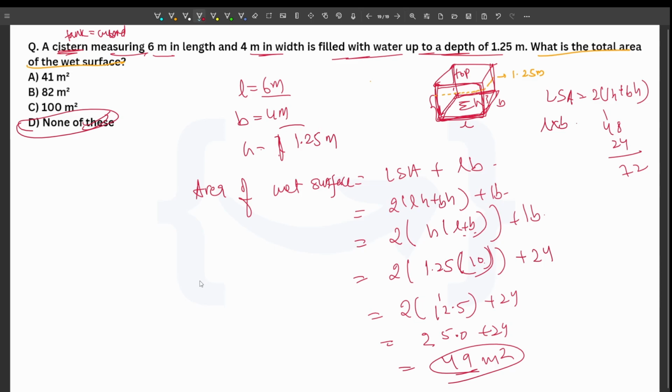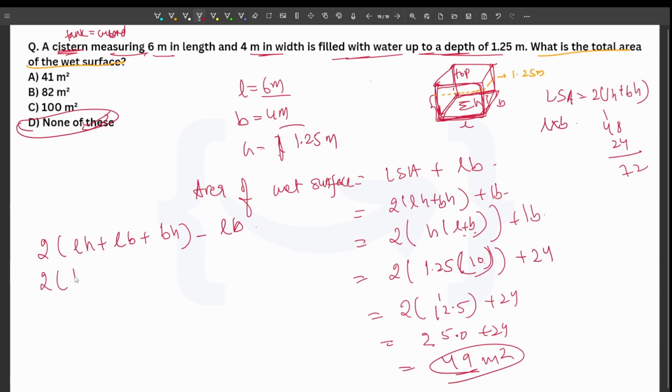Sometimes they do play a trick as well. Okay. What happens if you do it with this thing, which is finding the total surface area, which is LH plus BH, LH plus LB plus BH, isn't it? Minus, if you subtract the top, which will be L into B, which is LB.